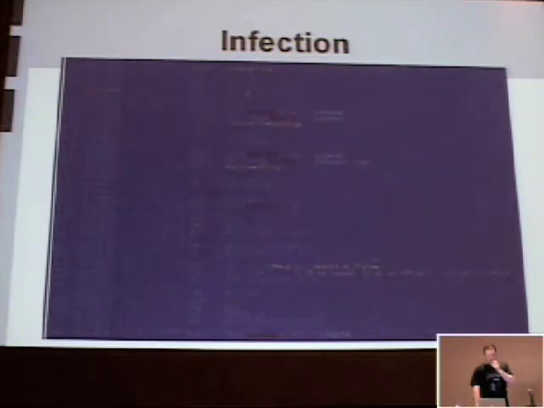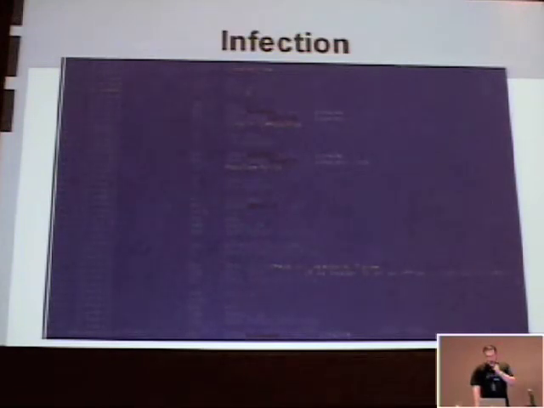Then it checks for some marker, some random bytes at some useless field in the MZ header. Most viruses use markers to know if the file is already infected or not, so they don't over-infect the file.